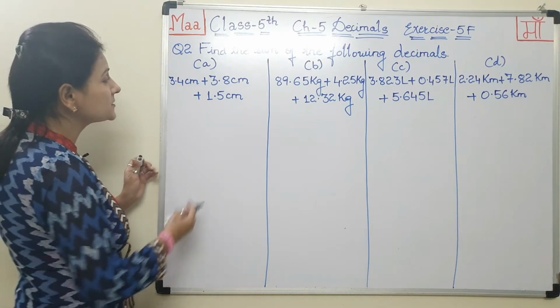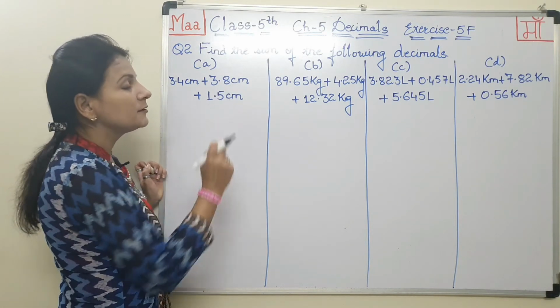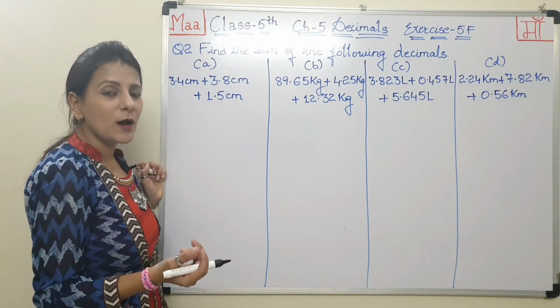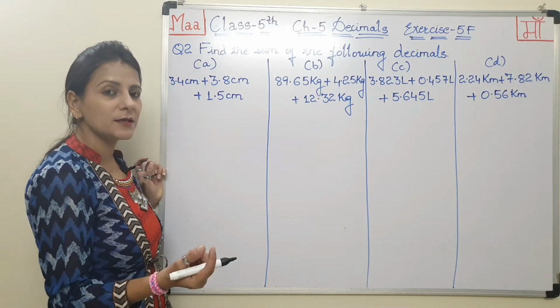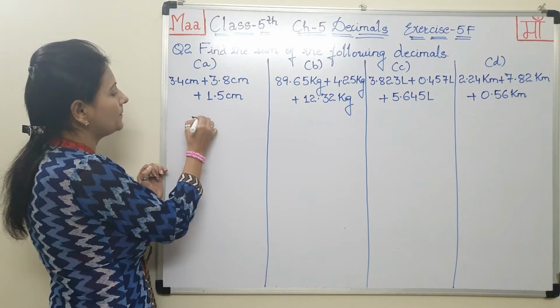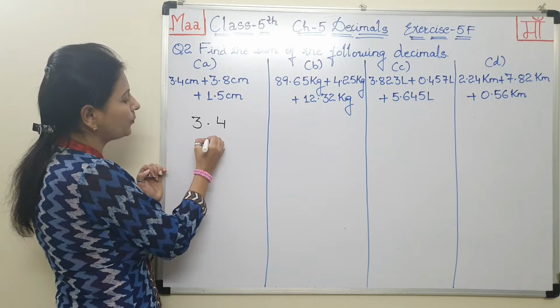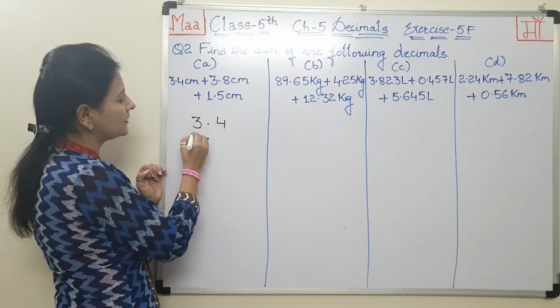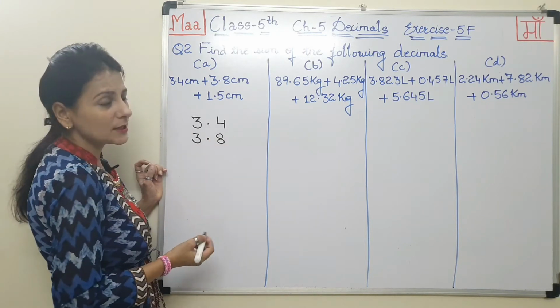First part, it is 3.4 centimeter, 3.8 centimeter and 1.5 centimeter. Here also after decimal you can see that one digit is there. That means it is given in like decimal. So we will simply arrange it in column as 3.4. Under 3.4 put decimal point. Before decimal is next digit 3 and after decimal is 8.